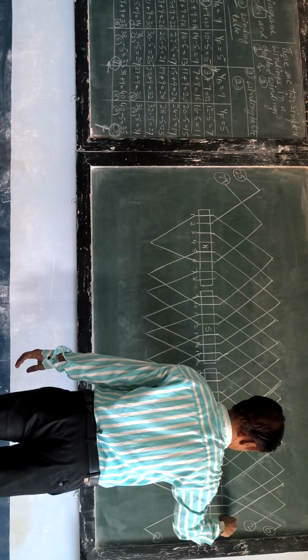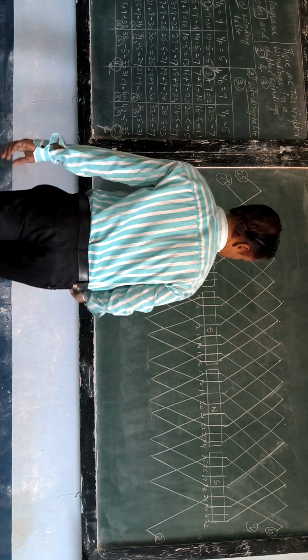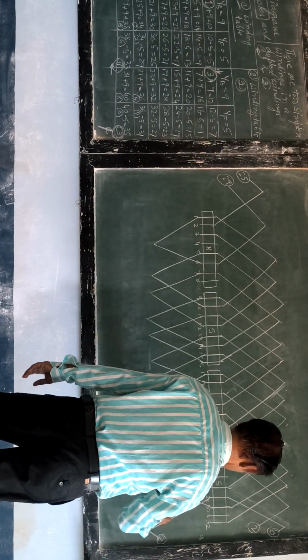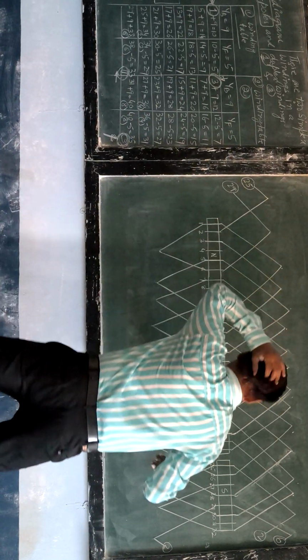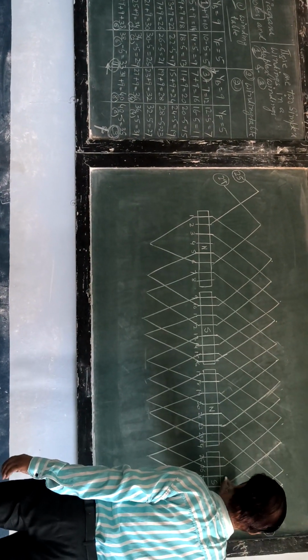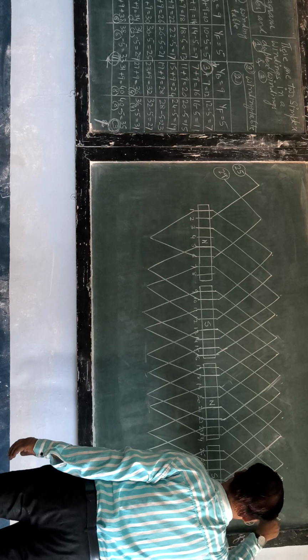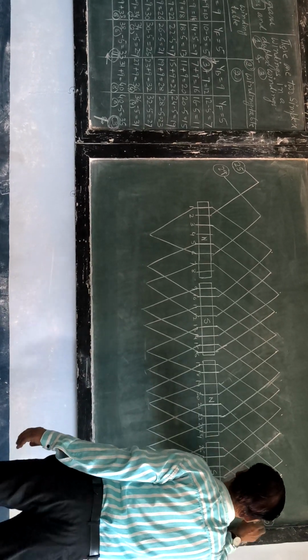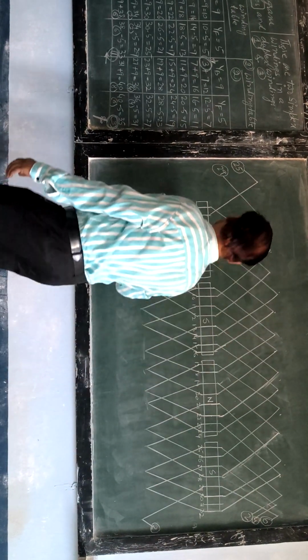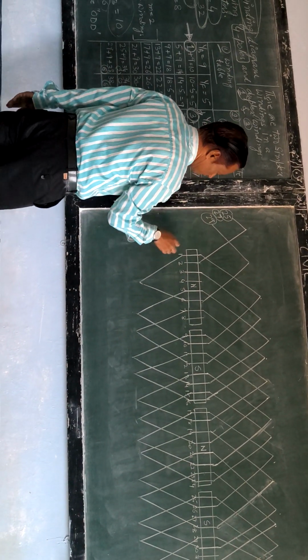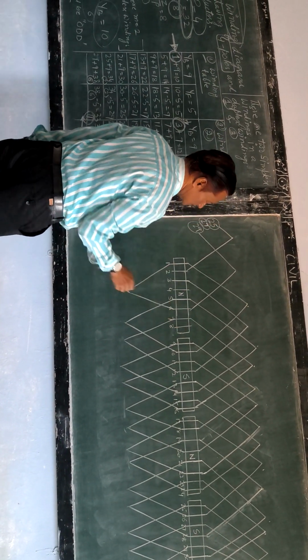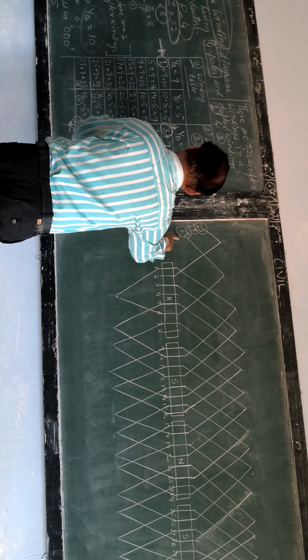Then 32 to 27. 27 to 36, that is 4. I take that 4 here somewhere in between, between 25 and 29.